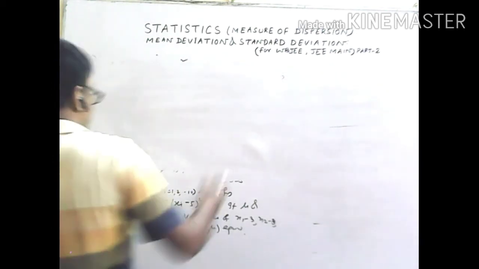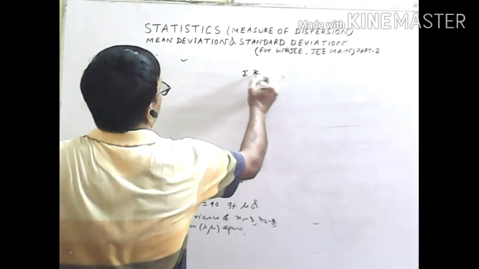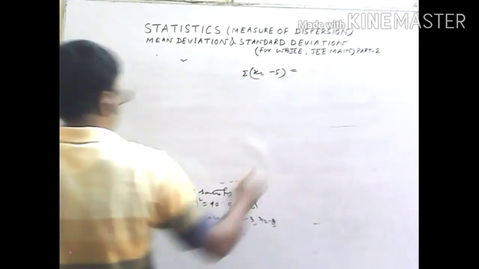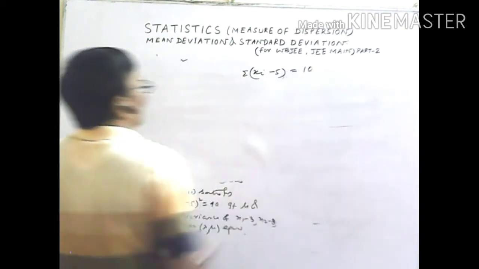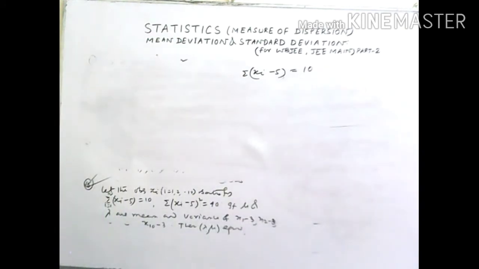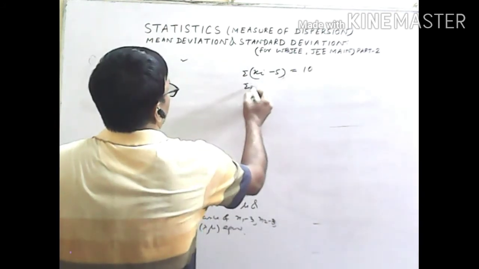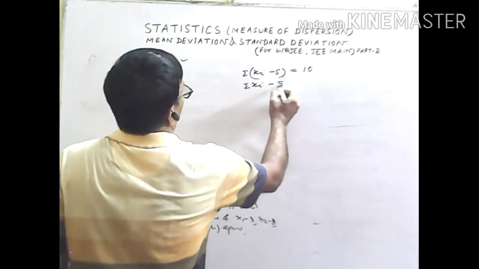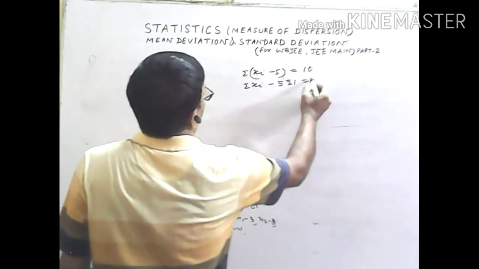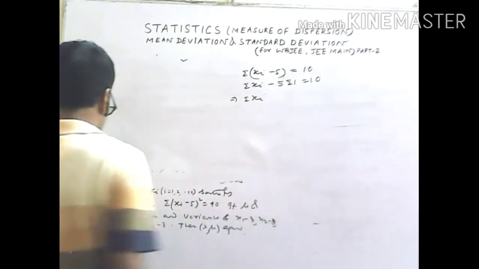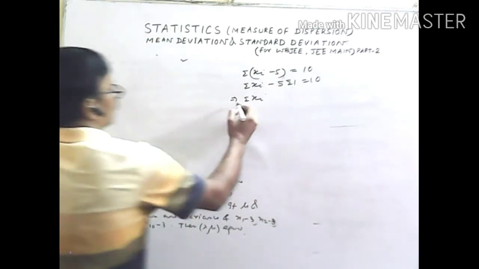Now it is given summation xi minus 5 equals 10. So what is summation xi? Summation xi minus 5 into summation 1 equals 10. How many observations? 1 to 10.